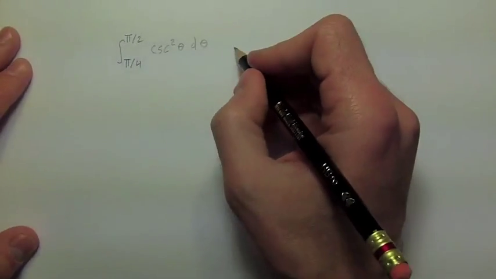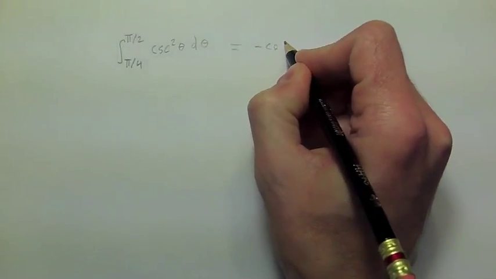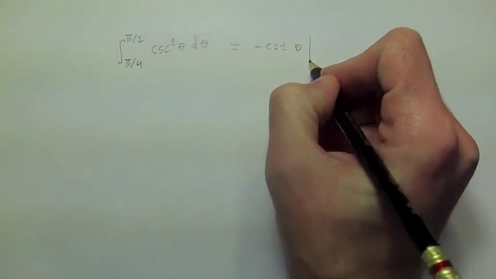Let's take a look at the integral from pi over 4 to pi over 2 of cosecant squared theta d theta. All right, so what's the antiderivative of cosecant squared theta? Hopefully you said negative cotangent theta.